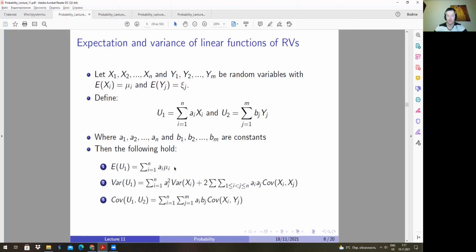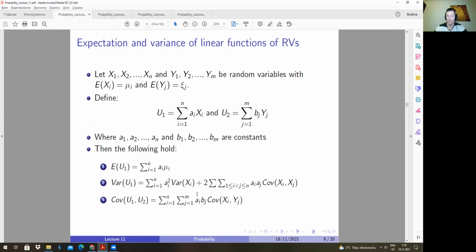And finally, the covariance between these two linear combinations is the double summation of the covariances between all variables x_i and all variables y_j included in these sums, multiplied by the respective weights.